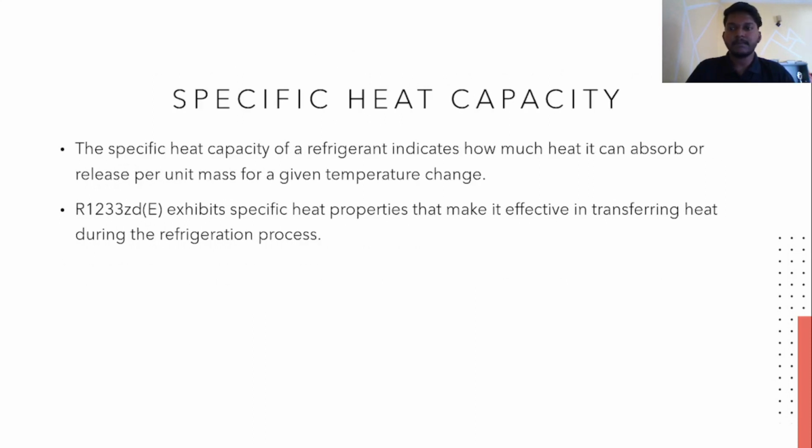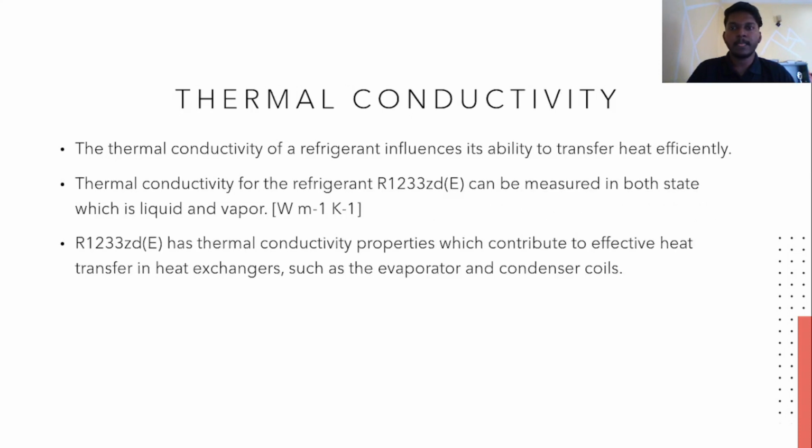Specific heat capacity. The specific heat capacity of a refrigerant indicates how much heat it can absorb or release per unit mass for a given temperature change. This particular refrigerant exhibits specific heat properties that make it effective in transferring heat during the refrigeration process. Thermal conductivity. The thermal conductivity of a refrigerant influences its ability to transfer heat efficiently.